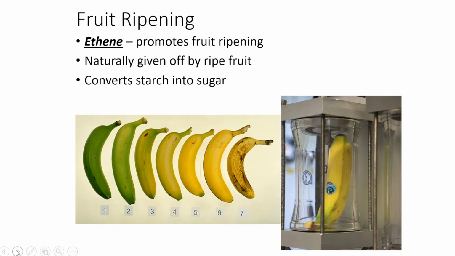It's used in fruit ripening. If you've ever noticed putting a banana near the rest of your fruit in the banana bowl, it will actually cause the other fruits to start to ripen because of the hormones that are given off by ripe fruit. Ethene is also used to promote fruit ripening in the fruit industry. It converts starch into sugar, so ripening our banana.